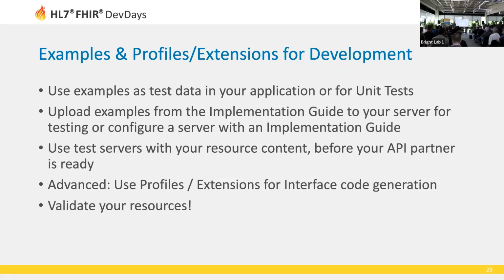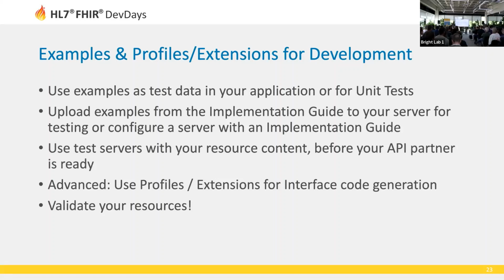And one thing we see quite often in projects is that your partner, with whom you want to build an interface, is not yet ready. So you can use one of the test servers, upload your resource content, and mock your not yet available development partner and start trying to see if your things are working.